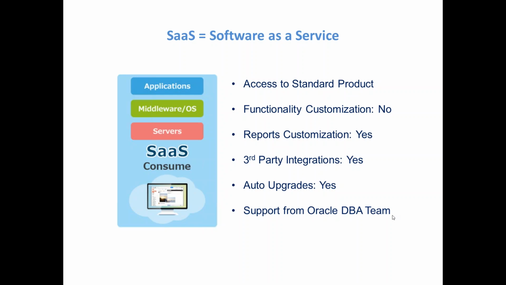Support is from the Oracle DBA team. When you are using the SaaS environment, you can take Oracle DBA team support to apply the patches, to clone the instance, or for any DBA work. Even in case of EBS, whatever tasks should be done by DBAs, all the work should be done by the Cloud DBA team. So that's how it works in case of SaaS.